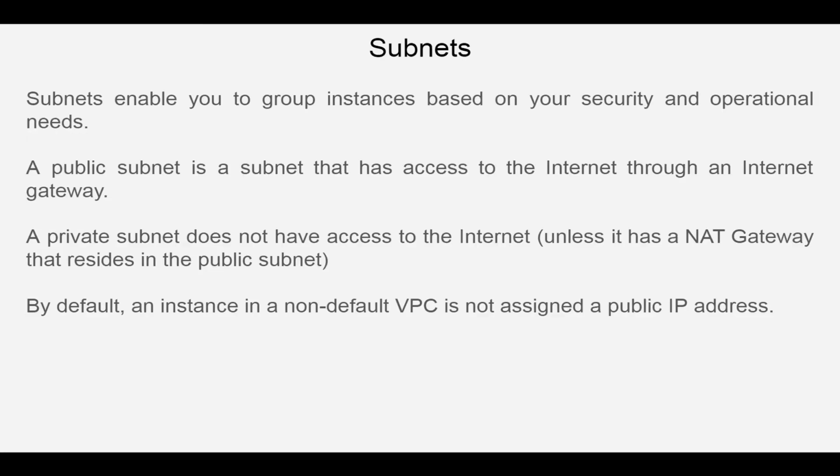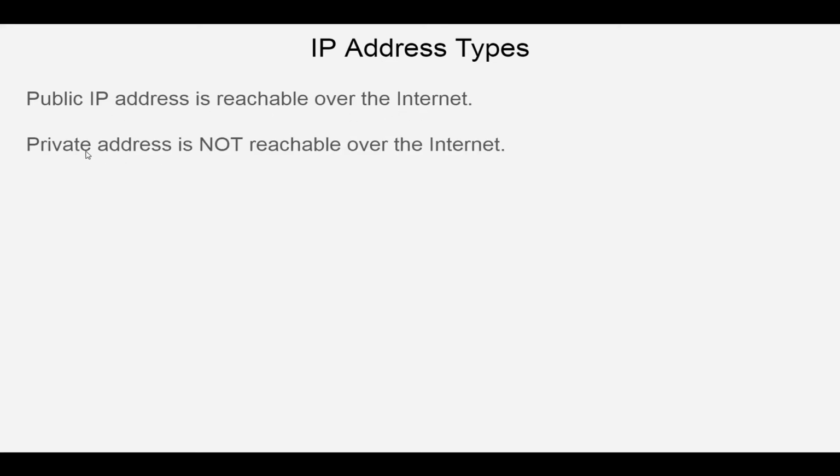So now let's talk about IP address types. The first type of IP address is called public IP address, which is reachable over the internet. And also we have private address, which is not reachable over the internet. We use private addresses within the VPC, all right? For instance, your EC2 instances might have private addresses, and then they can talk to each other within a VPC through these private addresses.